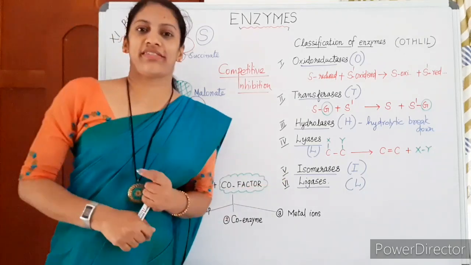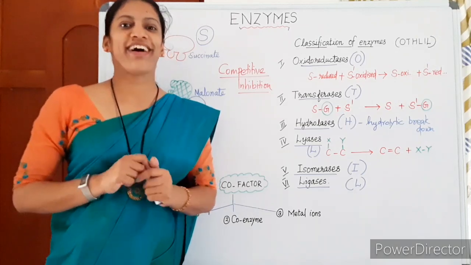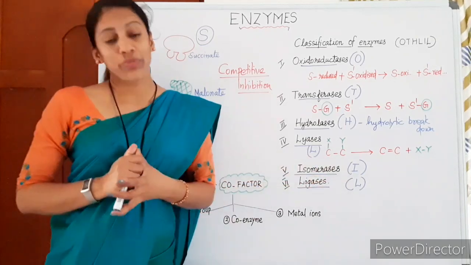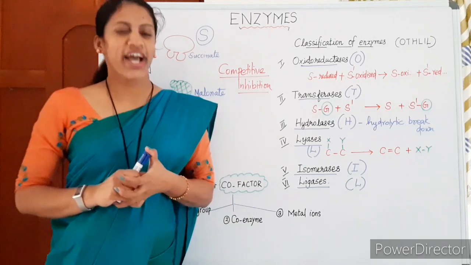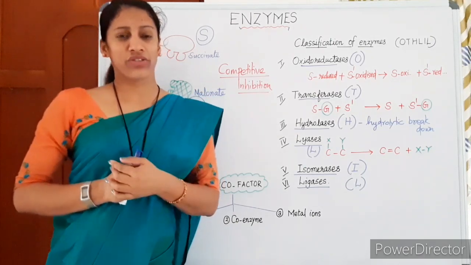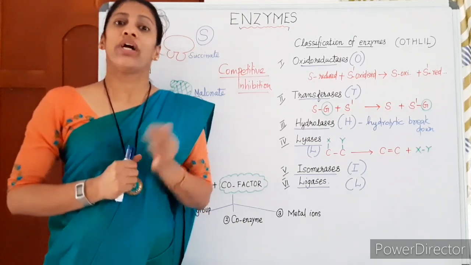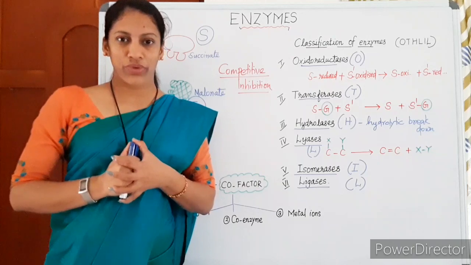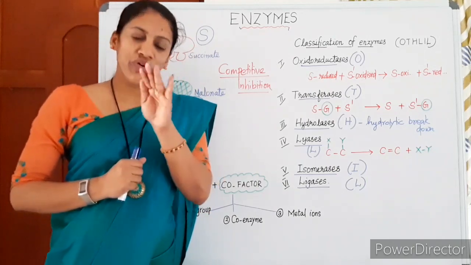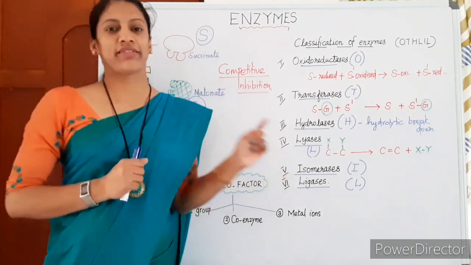Then isomerases, next group. Isomerases are the enzymes which catalyze isomerization reactions. What do you mean by that? You have studied some isomers: optical isomers, geometric isomers, positional isomers. Glucose and fructose are isomers, you know. I mean the interconversion of one isomer to the other form is catalyzed by this enzyme.